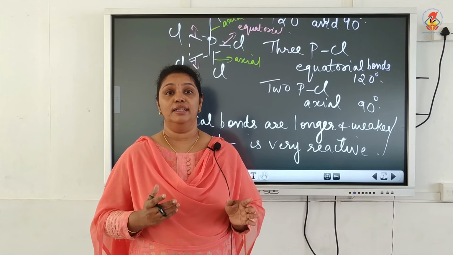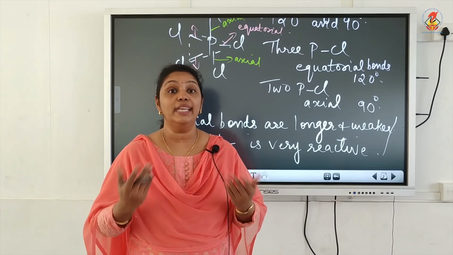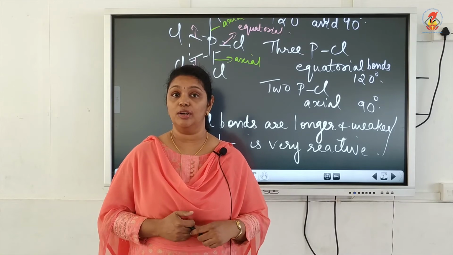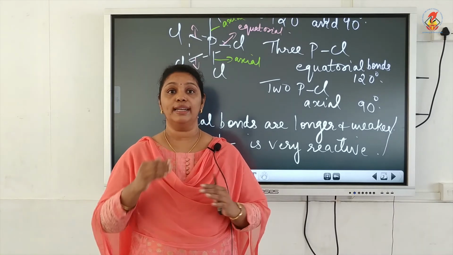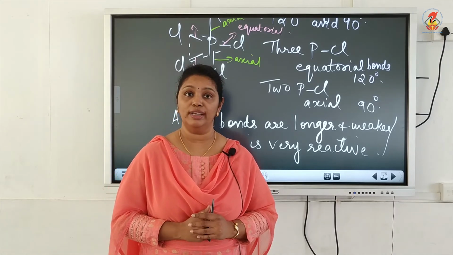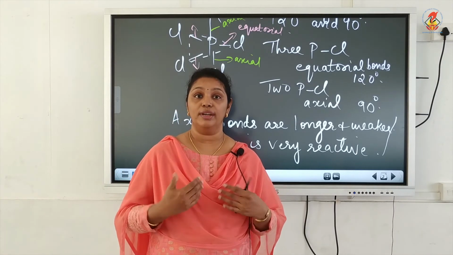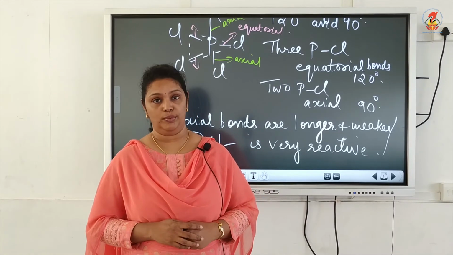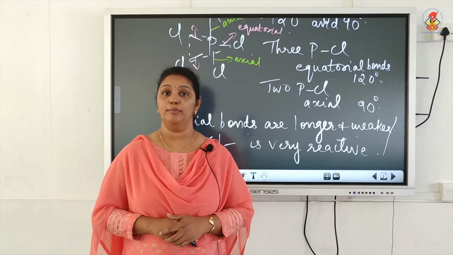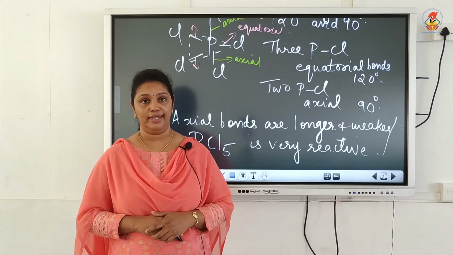They are unstable and very reactive. So the PCl5 molecule is very reactive because of those longer and weaker axial bonds. And why are these axial bonds longer and weaker? Due to more repulsion from equatorial bonds. Okay, so this is the shape of the PCl5 molecule on the basis of hybridization.